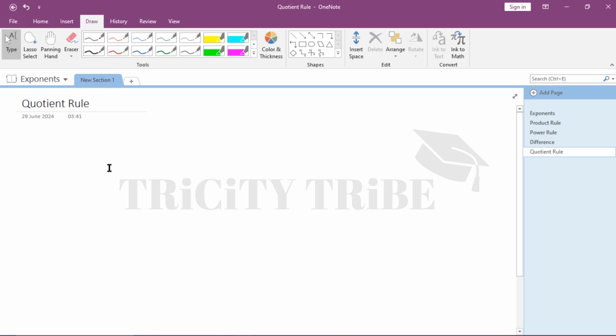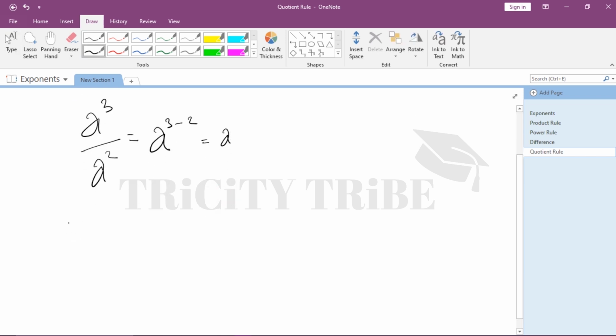Now, when it comes to the quotient rule, this is how it appears. You have a to the power m over a to the power n, which equals a to the power m minus n.